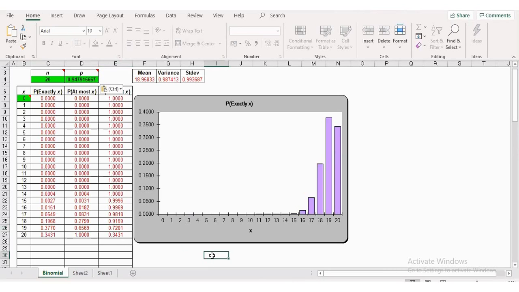Around 72% chance that out of 20 days, he is going to reach home on time, at least 19 days. You guys understood this? Forget about this for the time being. I'll come back to this afterwards.